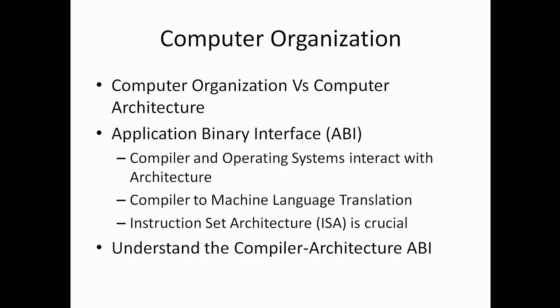In computer organization, as it is already in the slide, what you study is what we call the application binary interface. How does the compiler and operating system interact with the architecture? The study of that interaction is the subject matter of computer organization.